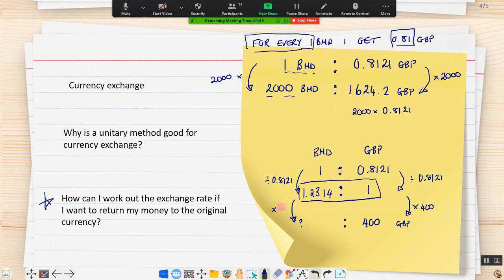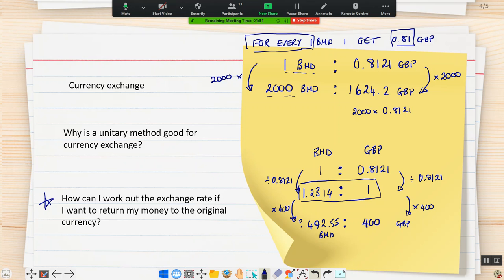I've got that number multiplied by 400, and if I do that, I get 492.55 Bermudian dollars. So this was the extension bit that you've been working on with converting the units. If you don't have the right rate, you get it the other way round. So that's the harder end of your questions.